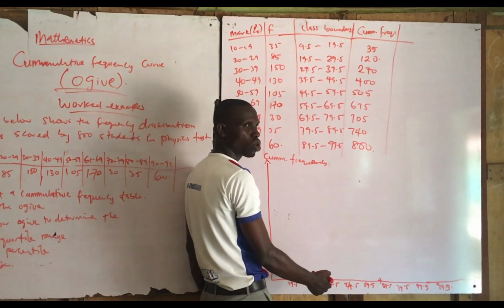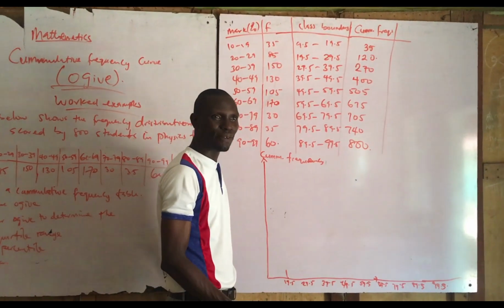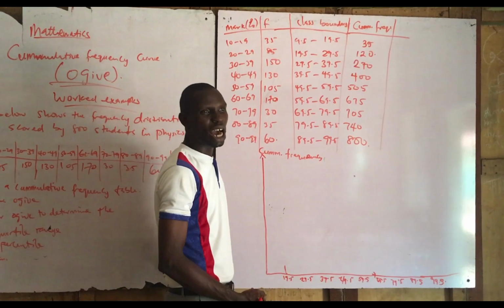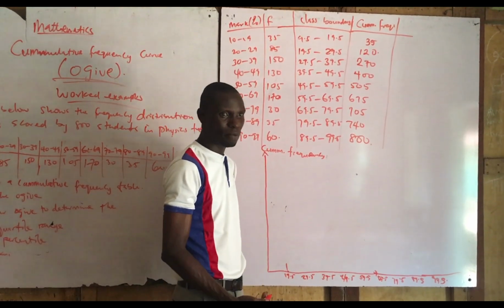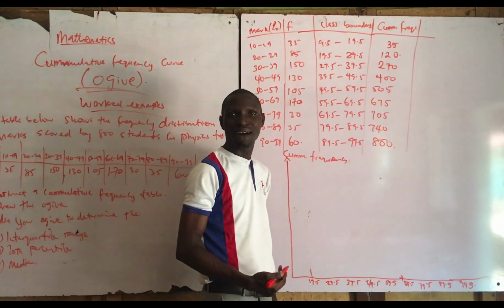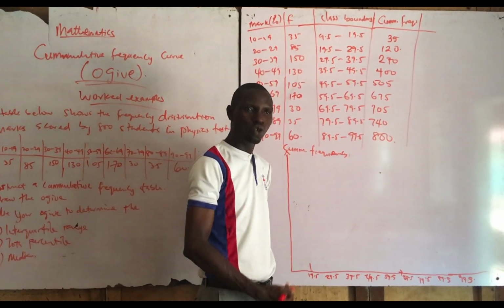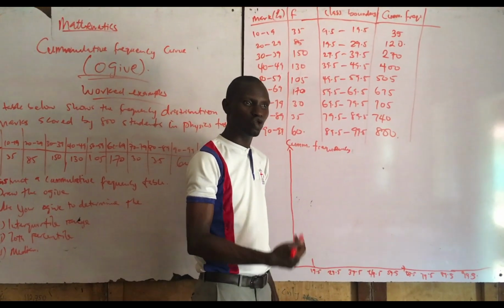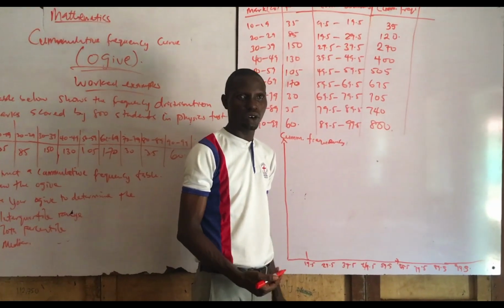So on a standard graph, when you use one, leave one, you are using 4 centimeter. On a graph that is not standard, if you use one, leave one, you are using 2 centimeter.